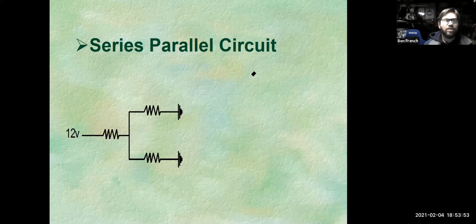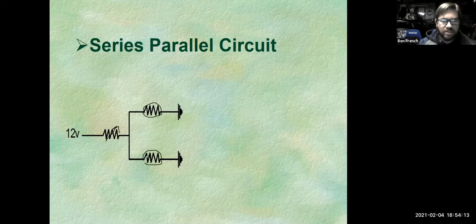In fact, on our cars, we oftentimes will have a series parallel circuit. The series part is the control. So I'm making this a variable resistor, and I'm going to turn these not from resistors. These are becoming some light bulbs. In fact, I might add another branch here. I'll add another light bulb.